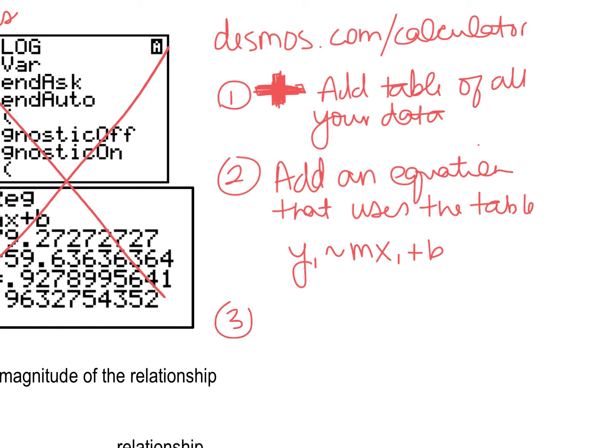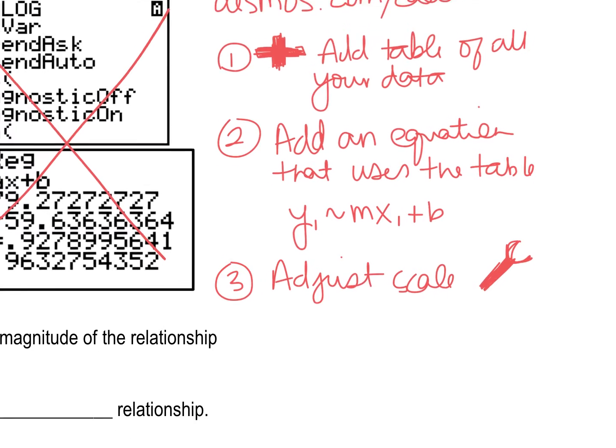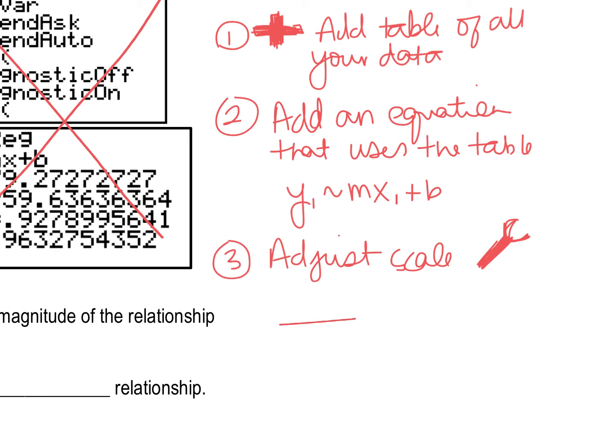You also probably want to adjust your scale. To do that, you go to the little wrench. And I would always set your lower boundary for x to be 0 and your upper boundary a little bit bigger than your largest x value.